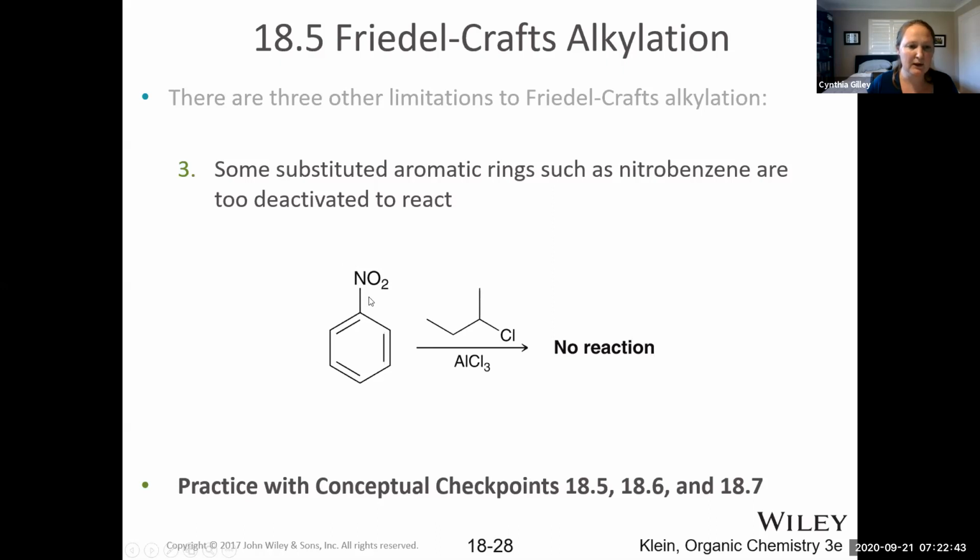It's actually pulling electron density out of the ring, making this even more deactivated than it already is. So benzene is a poor nucleophile. Nitrobenzene is a really poor nucleophile because the nitro group is withdrawing electron density out of the ring. And it's even less electron rich than it was before.